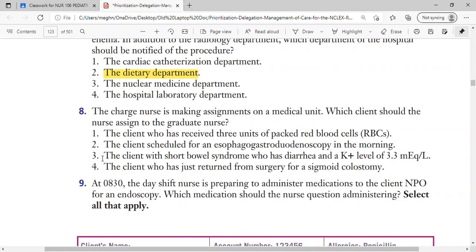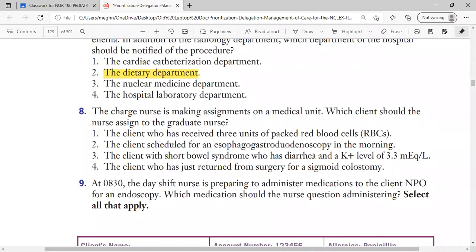Number 3, the client with short bowel syndrome who has diarrhea and potassium of 3.3. This client has hypokalemia secondary to diarrhea. Because of hypokalemia, this patient also has a chance to develop cardiac dysrhythmia, and should be assigned to a more experienced nurse.